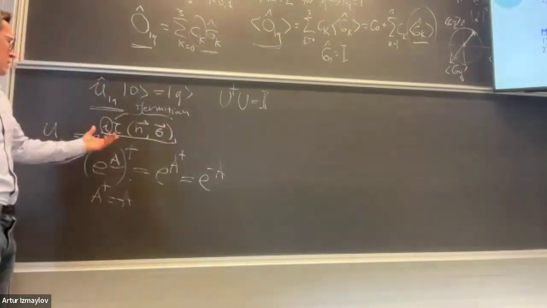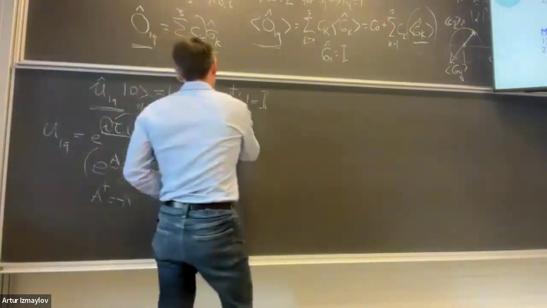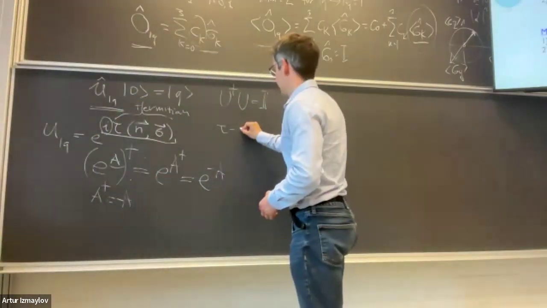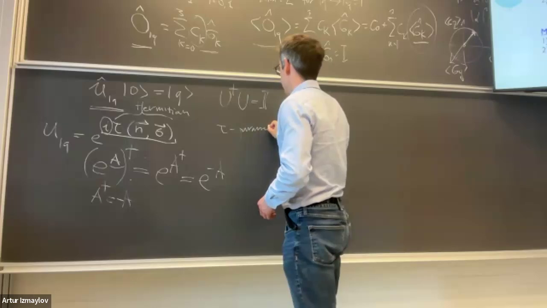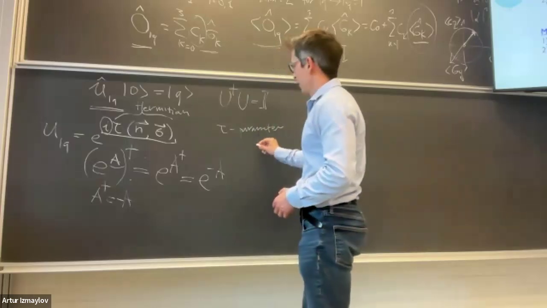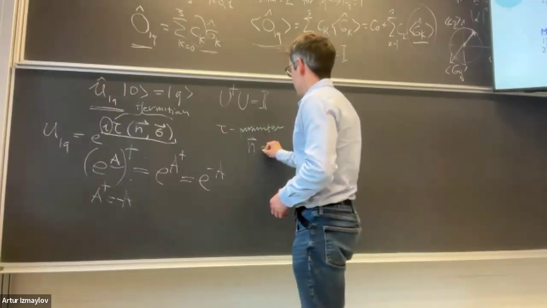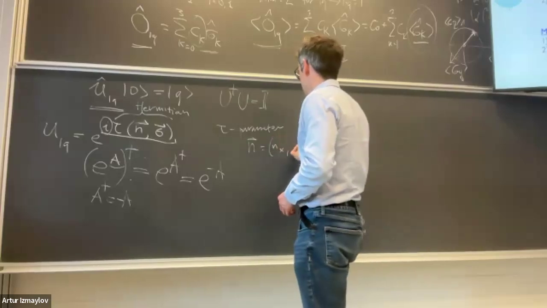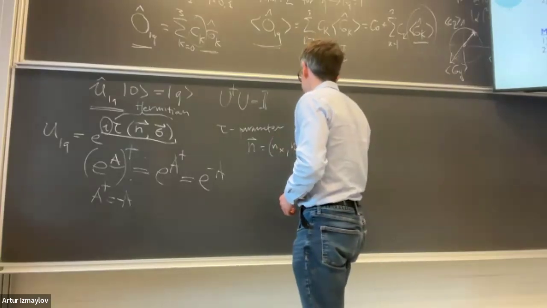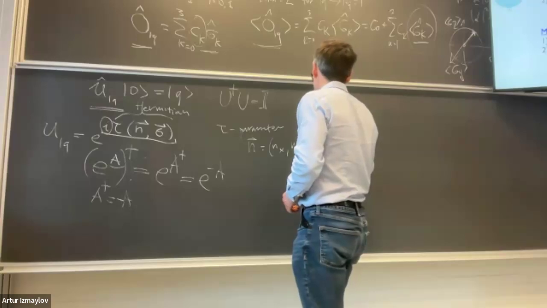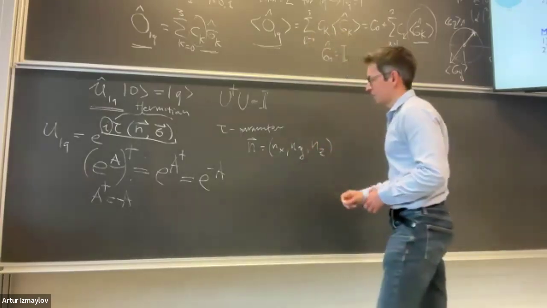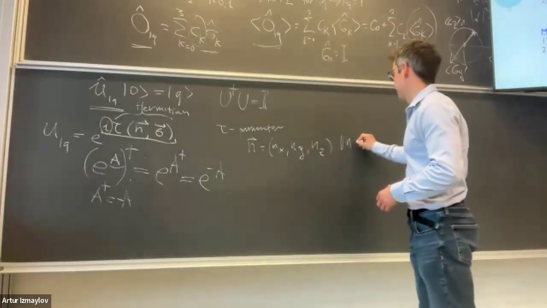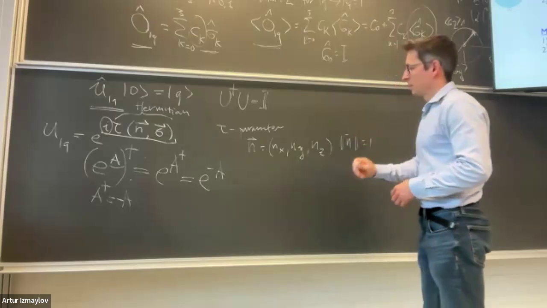Okay, and this part, tau, is a parameter, and then n is just a three-dimensional unit vector, right? So the norm of n is 1.